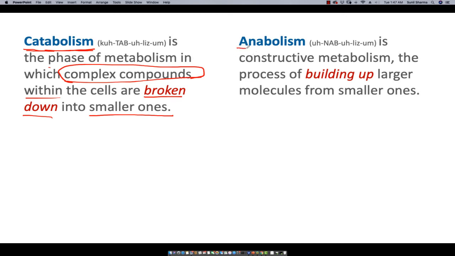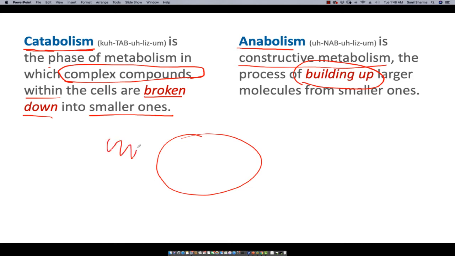And then we have the opposite end. Anabolism is the constructive metabolism, the process of building up larger molecules. Let's say here's a cell, and a very complicated protein has come inside. Having come inside, it has to be broken down into its subdivisions and components.